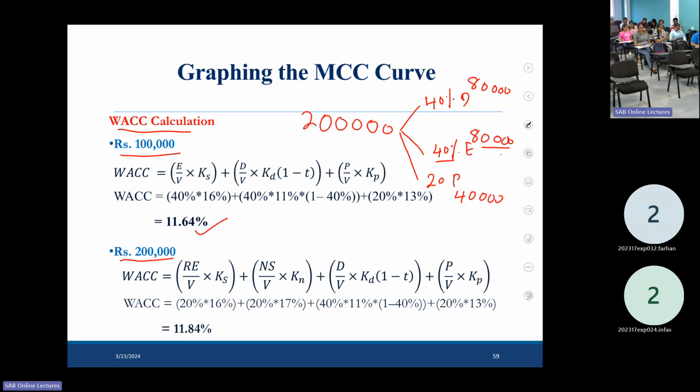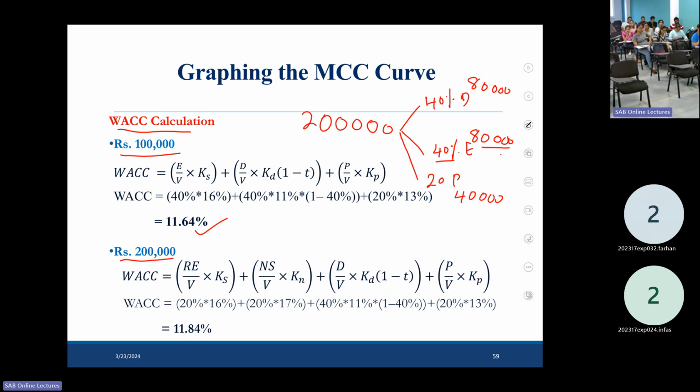From this 80,000, the equity part, how are we going to finance it? 40,000 from the retained earnings, 40,000 from the external or new stock issue. Then from the 200,000, 40,000 means what is the weight?